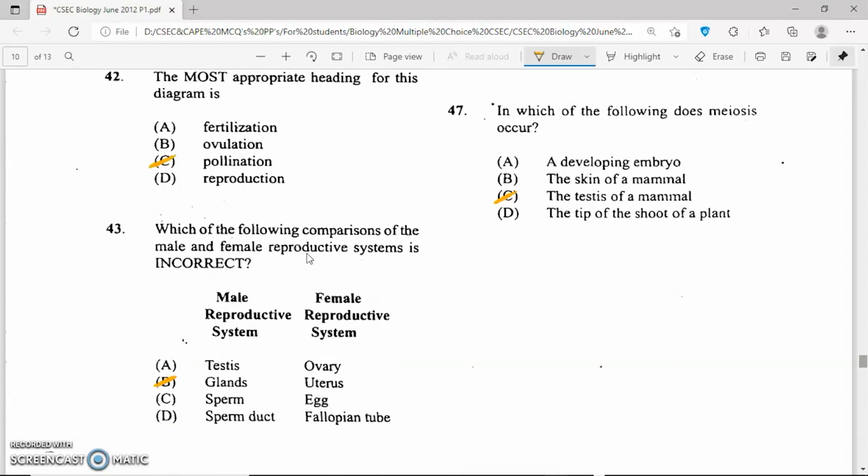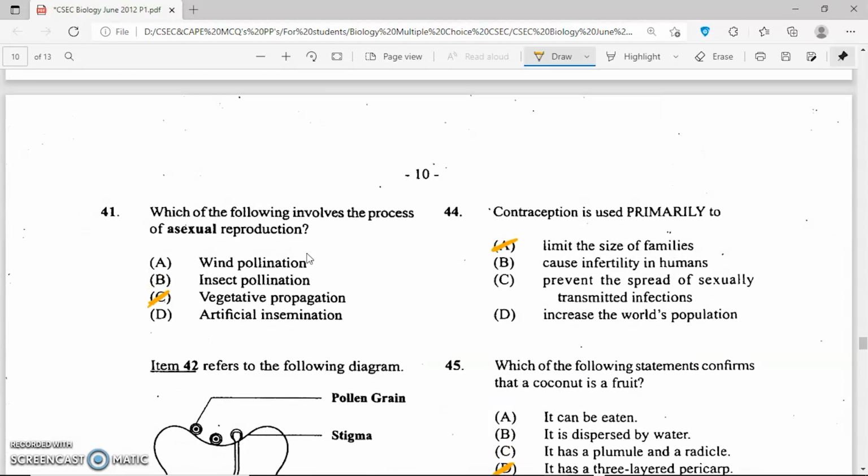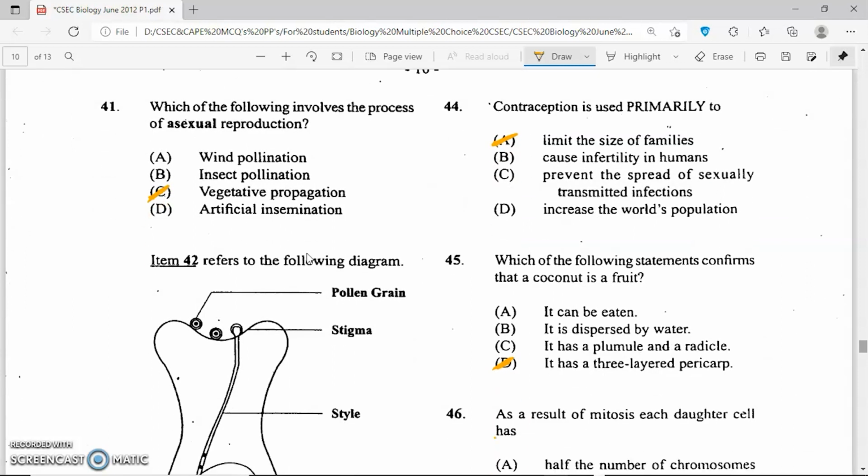Number 44. Contraception is used primarily, you're talking about birth control, to limit the size of families. So that's A.